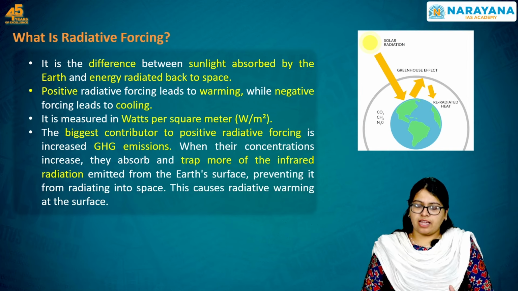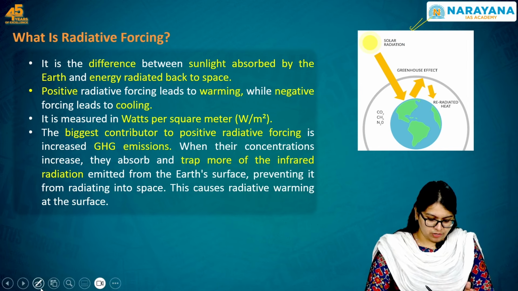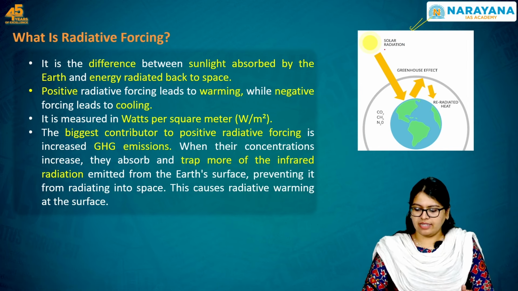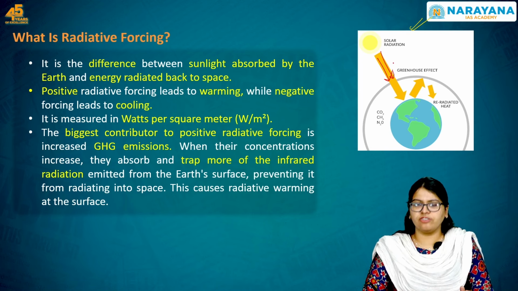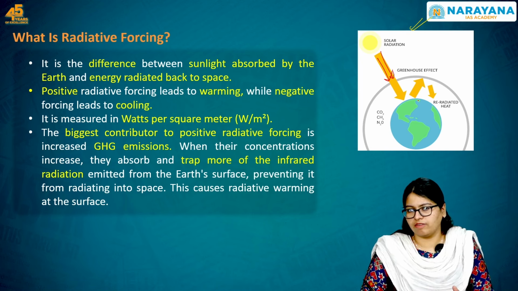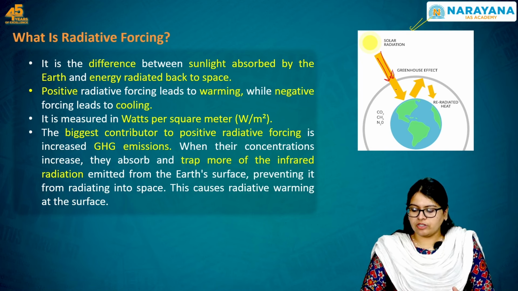All of us are aware, if we look at this picture, that there is an incoming solar radiation from the sun that reaches the surface of the earth. The earth absorbs the short wave radiations and re-radiates heat in the form of long wave radiations.